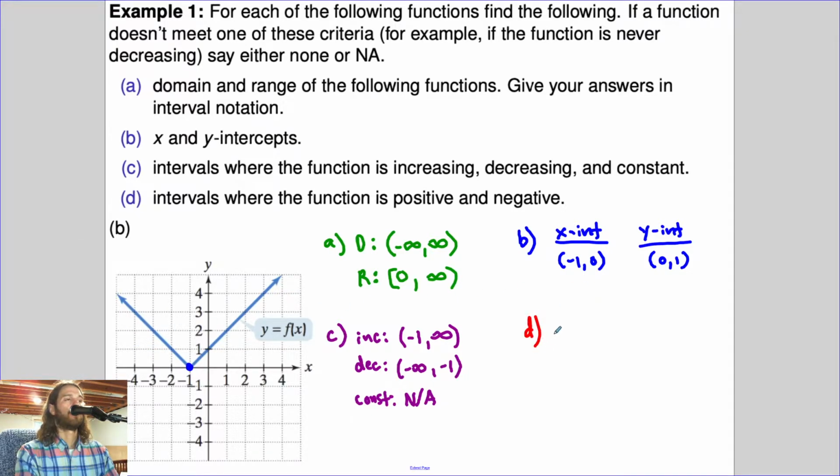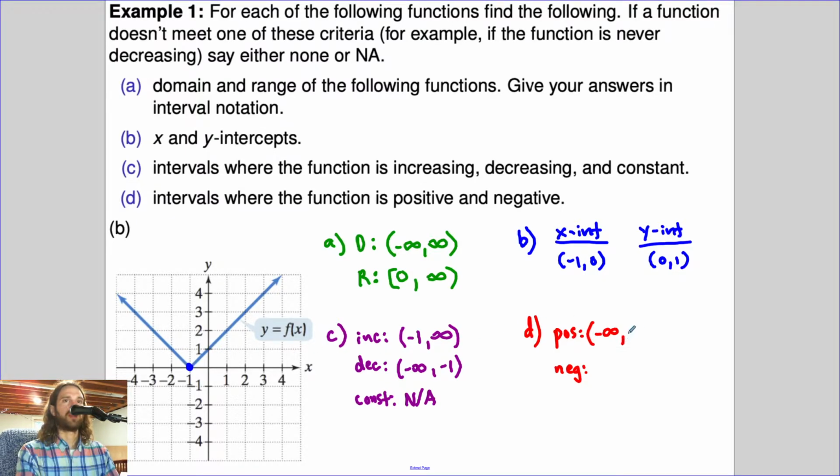For D, positive, negative. Where is it above the x-axis? Interesting. Not on the x-axis. Where is it above the x-axis? So there are actually two intervals here. It's above the x-axis from negative infinity, right here. But it crosses, and it crosses at that point.